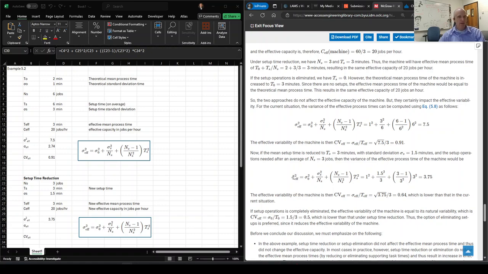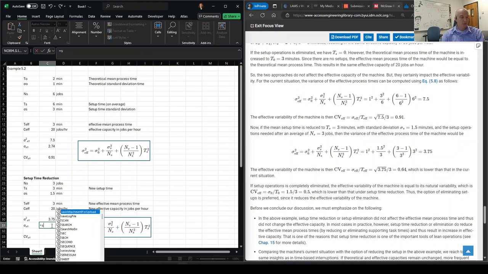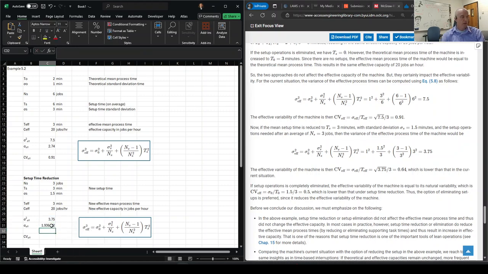Again, this is the variance, and the effective variability is the CV. So we take the square root of the variance, that gets us the 1.94, and the effective variability, which is the coefficient of variation, is going to be the standard deviation divided by the effective mean time.